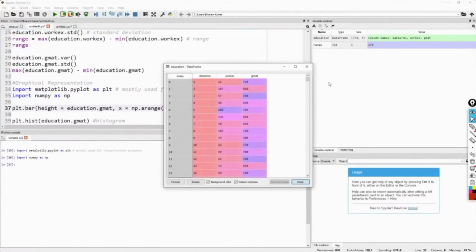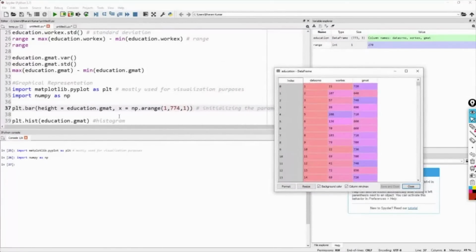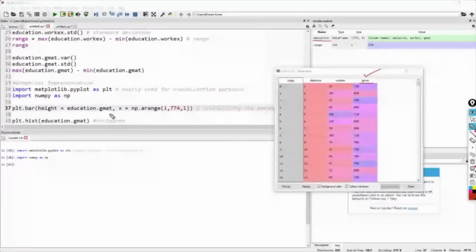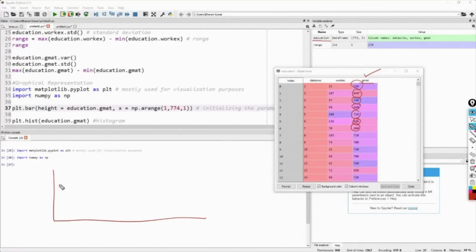You want a bar plot for what? For say GMAT score. How do you refer to GMAT? You say education.gmat. And each and every GMAT value that you see is going to be represented as the height of a bar.